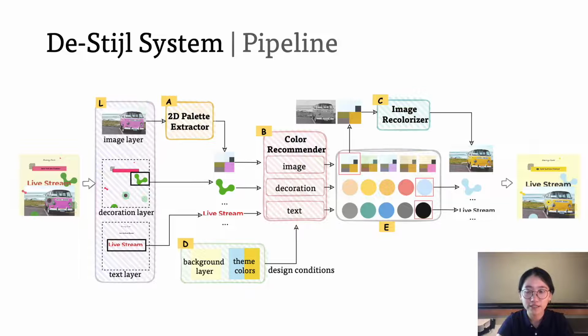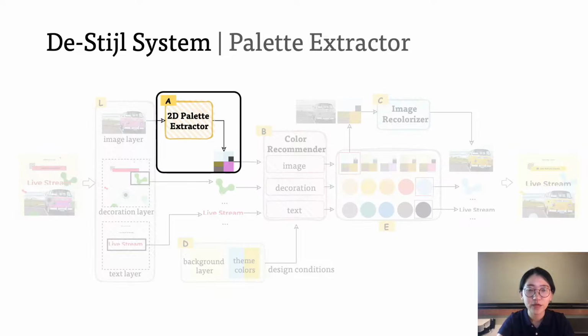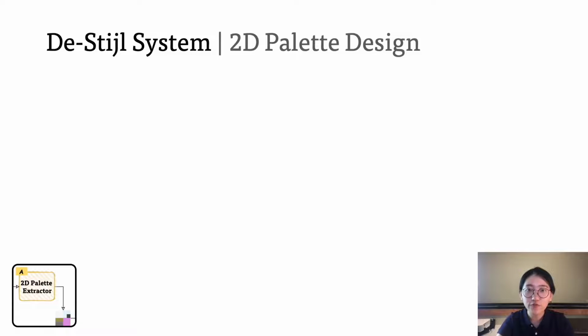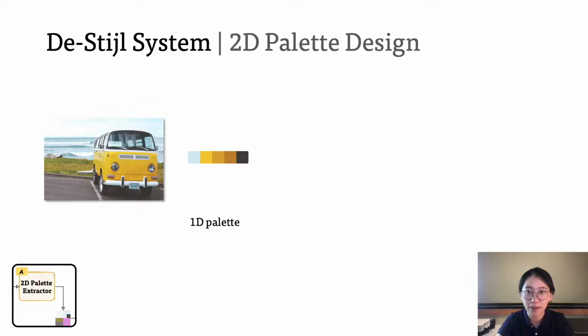With a prepared dataset, we built this color recommendation pipeline for De-Stijl. First, De-Stijl extracts the 2D palette from the image, which combines different visual and psychological factors for colors. Specifically, different from the traditional 1D linear format, we use a 2D format to incorporate colors, proportions, and proximity to the overall context.